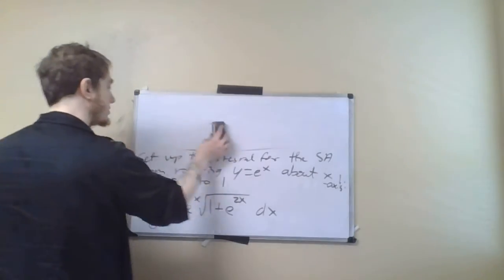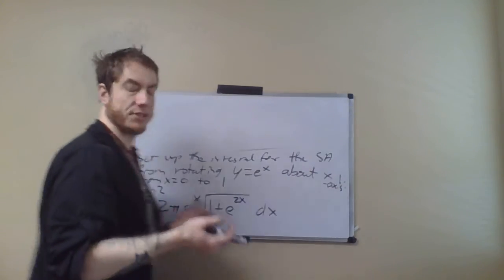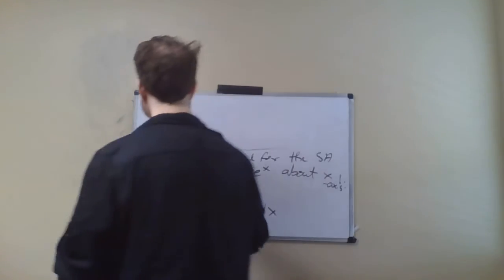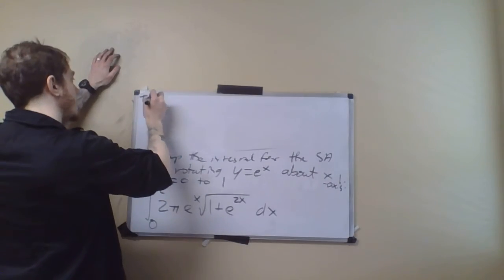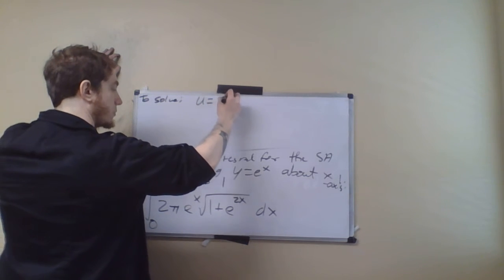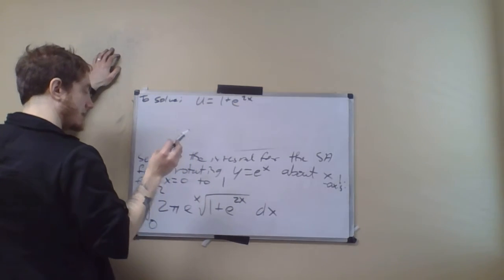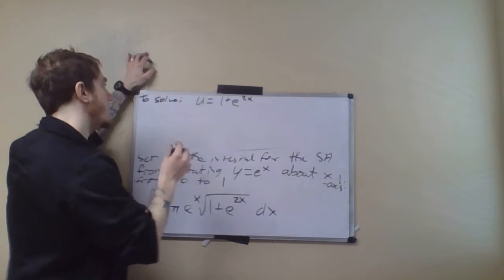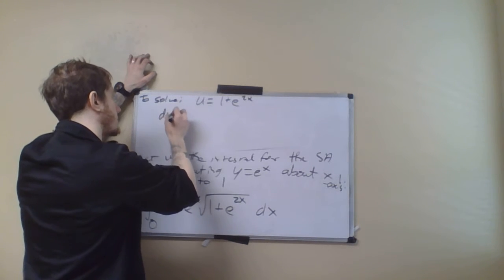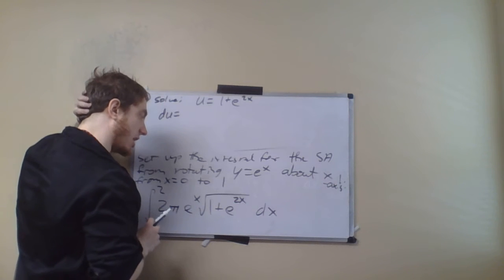So I will show you how to do this one, since we may as well see how to do at least some of them. In general, we may just set up some of these, but this one, if I wanted to solve it, I can say, let's let u be equal to 1 plus e to the 2x. And then, oh, maybe this isn't as easy to solve as I thought it was.